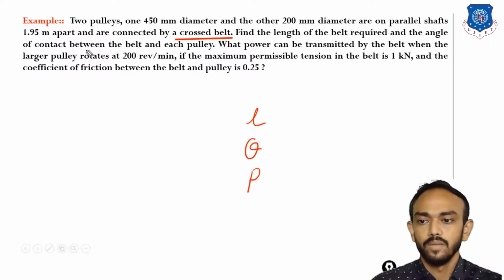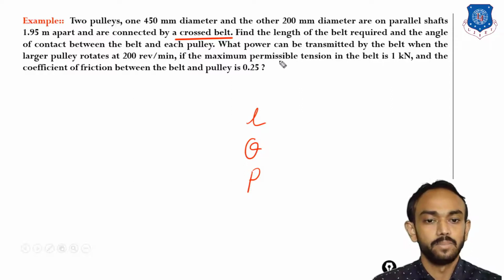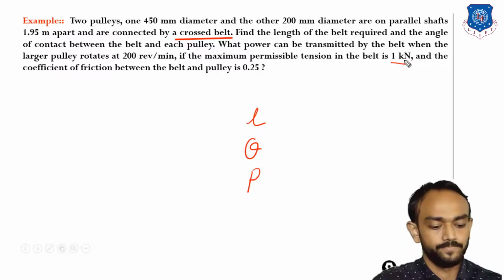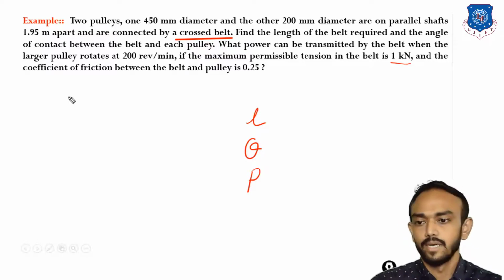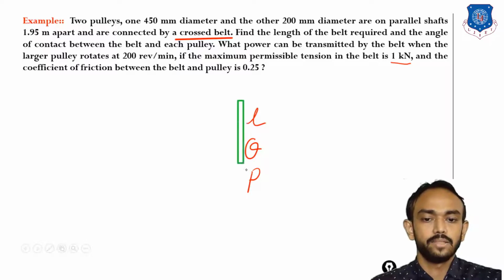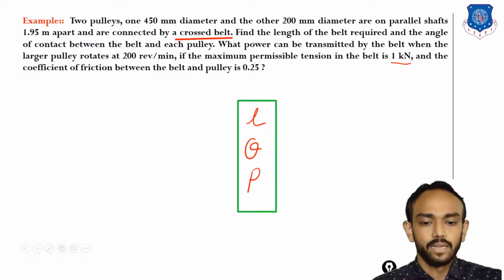If the larger pulley rotates at 200 revolutions per minute, RPM, and the maximum permissible tension in the belt is 1 kilonewton, and the coefficient of friction is given, we have to find the length of belt, the angle of lap between pulley and belt, and the power.